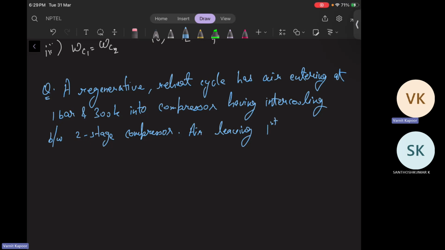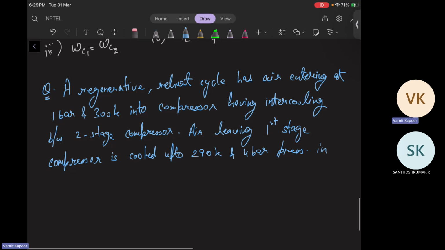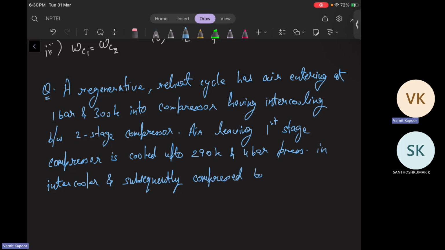Air leaving the first stage compressor is cooled up to 290 Kelvin at 4 bar pressure in the intercooler and subsequently compressed to 8 bar.